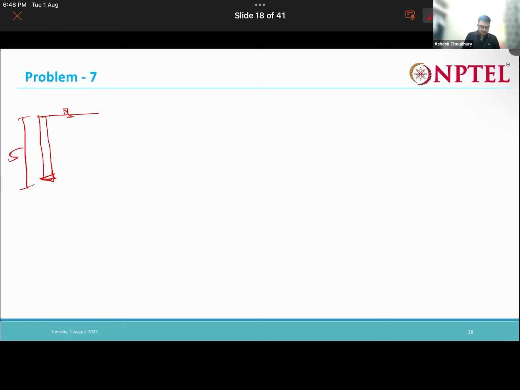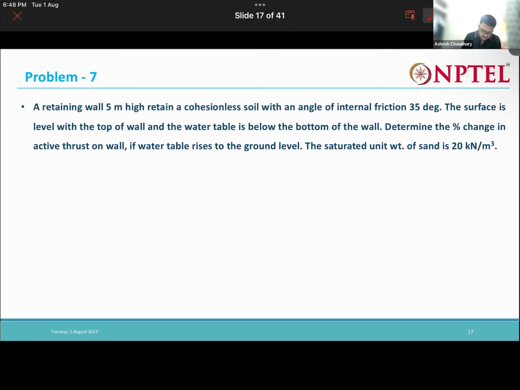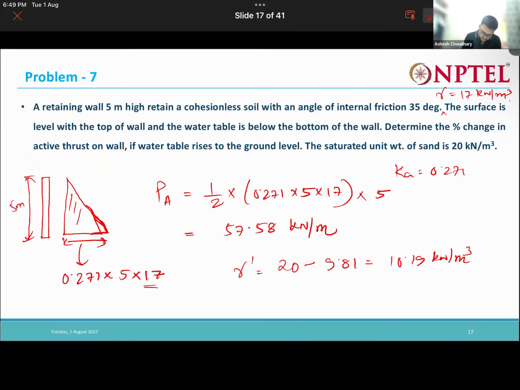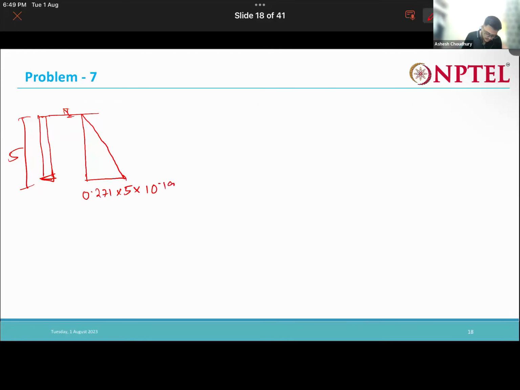In that case, the first variation will be like that. The earth pressure is nothing but 0.271 into 5 into 10.19, which is the submerged unit weight.